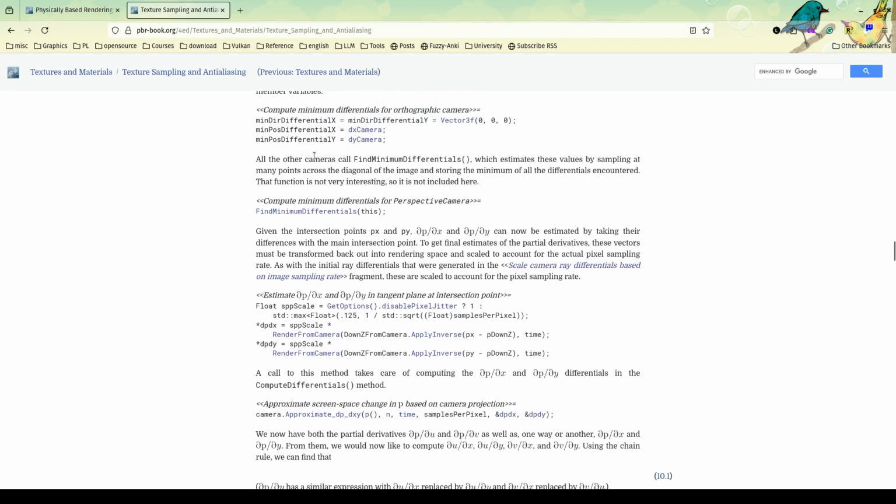All the other cameras call FindMinimumDifferentials, which estimates these values by sampling at many points across the diagonal of the image and stores the minimum of the differentials encountered.